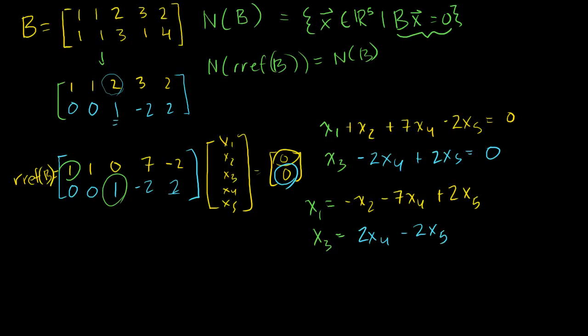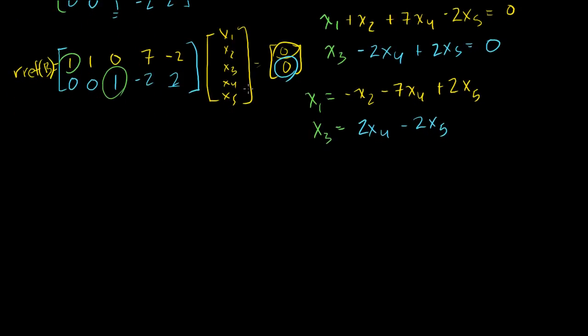And so if I wanted to write the solution set kind of in vector form, I could write my null space really as all the possible x's, x1, x2, x3, x4, x5. This is my vector x that's in R5. It is equal to a linear combination of these. So let me write it out.